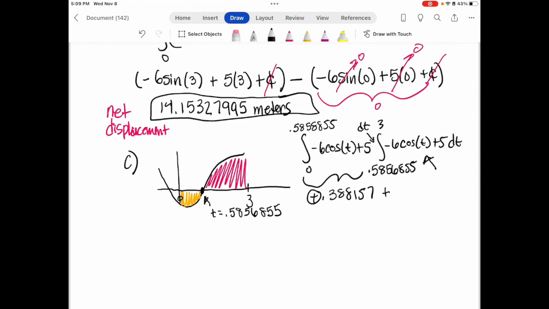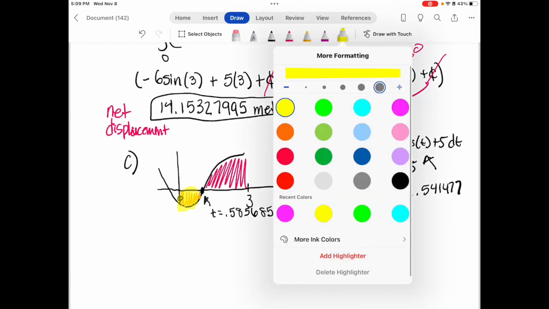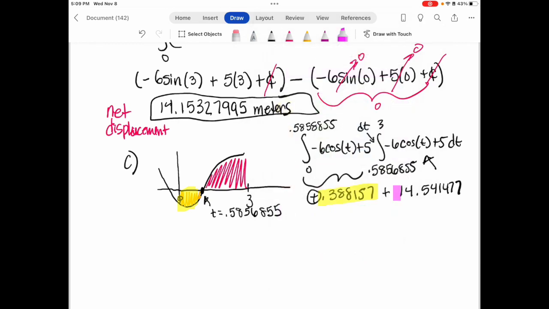When I integrate this second part, I'm going to get 14.541477. So I'm going to add this area, which is the yellow part over here, and then I'm going to add that. This is my pink area right here.